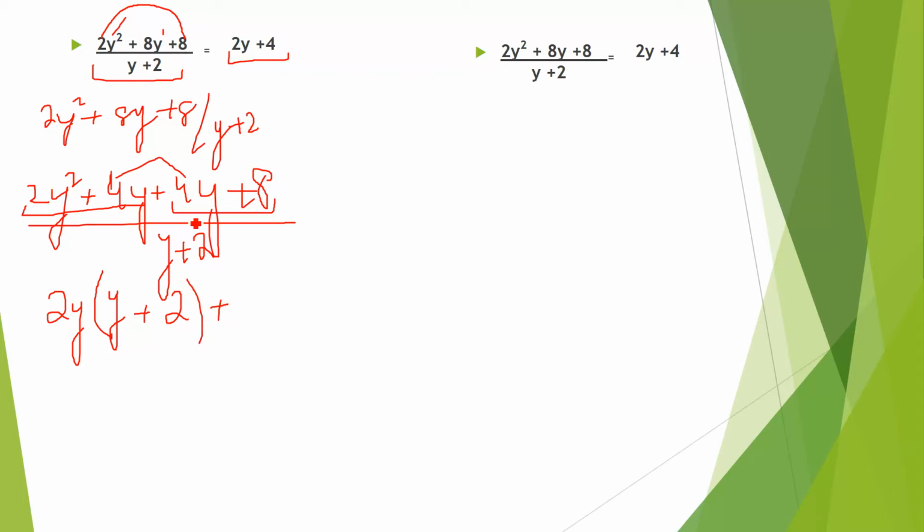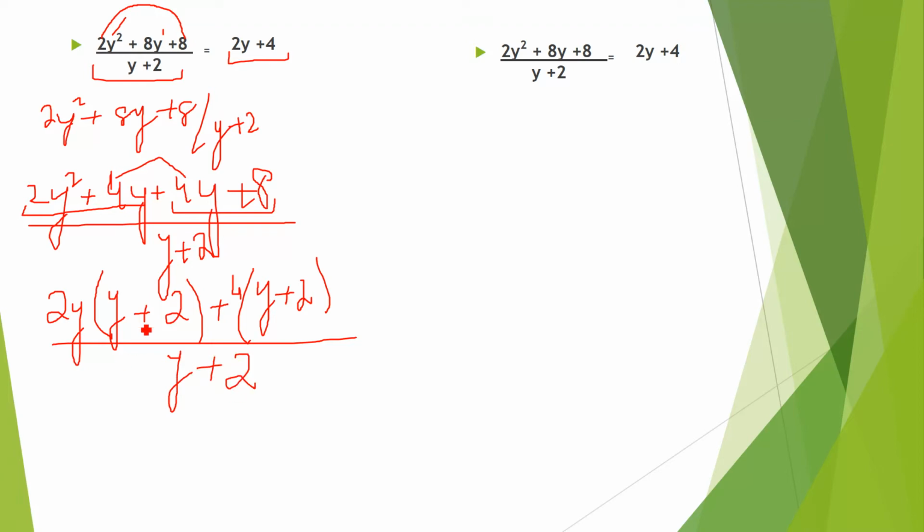Similarly, you can take 4 common from here. So what is remaining? y plus 2. In both parentheses everything should be the same, with the same sign, y plus 2.